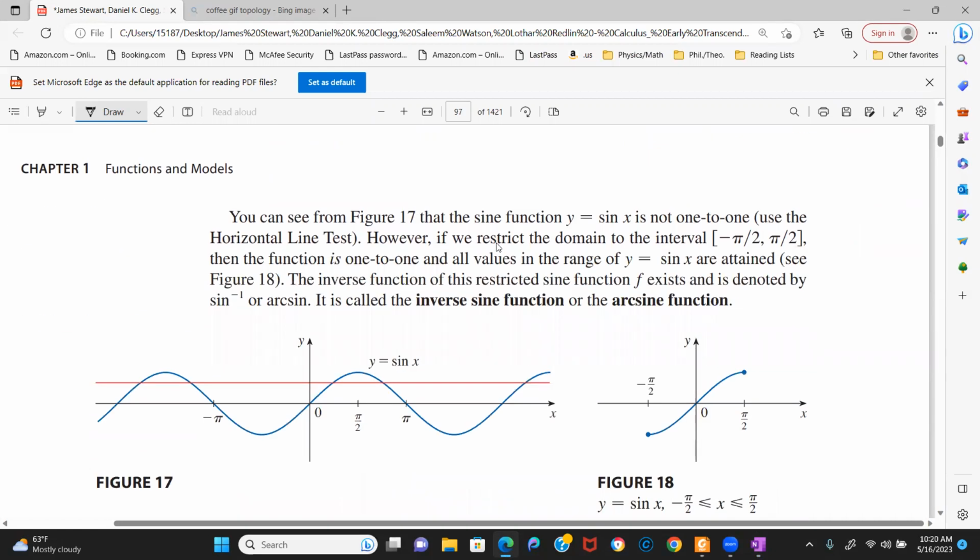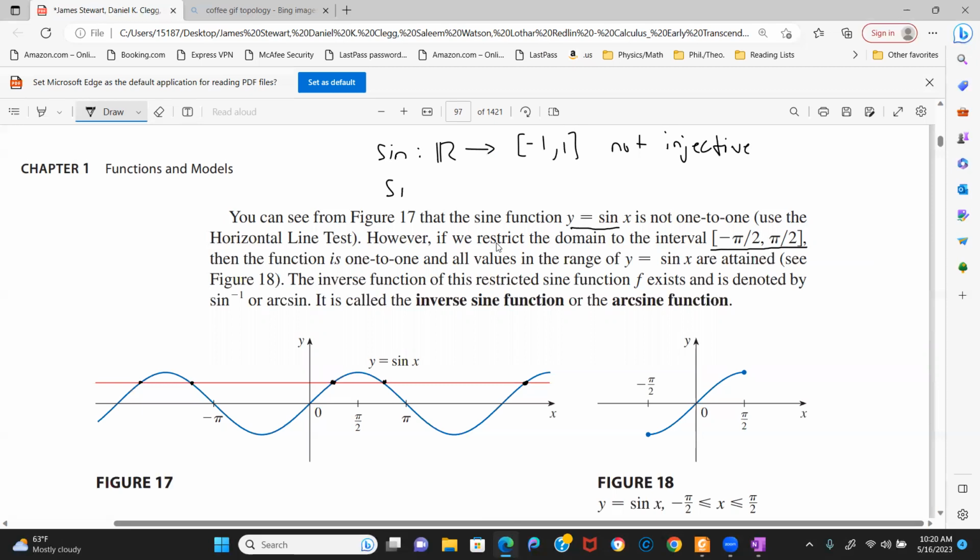If you look at the graph of sine, it just repeats. So there are horizontal lines which intersect it at infinitely many points, not just two points. However, if you take the sine function and restrict its domain to a smaller interval, then sine is no longer thought of as a function from R to -1, 1. That one is not injective, not one-to-one.